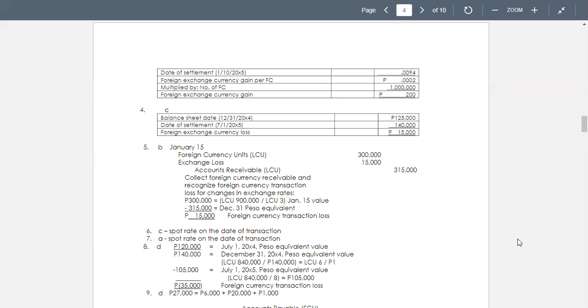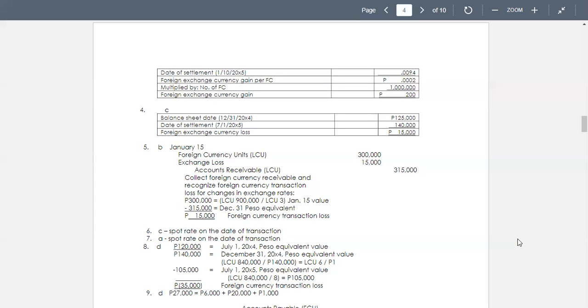That's the foreign currency transaction loss. The foreign currency transaction loss in number 8 is 35,000. So I'll repeat, in number 8, we have 120,000. That's the July 1, 20x4 peso equivalent.